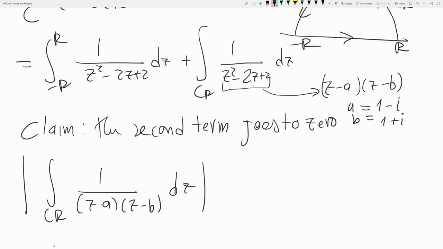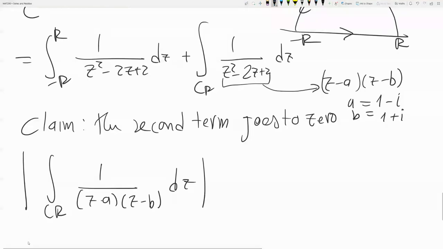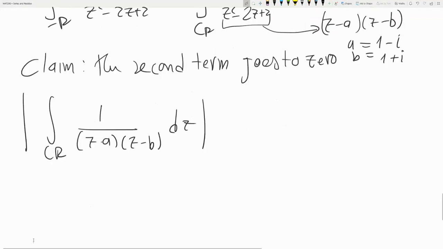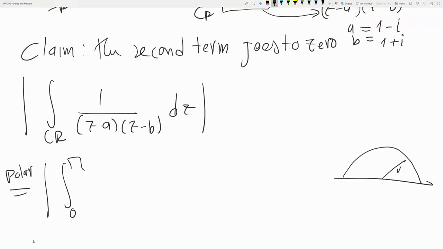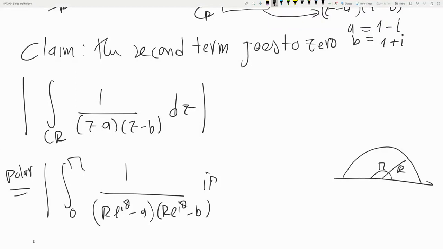All right, now this is a circle of radius R. So let's do polar coordinates, 0 to pi. We put pi because this is a semicircle, which has angle pi. And we have R e^(i theta) minus a, R e^(i theta) minus b, and i R e^(i theta) d theta. Okay, that's polar coordinates.